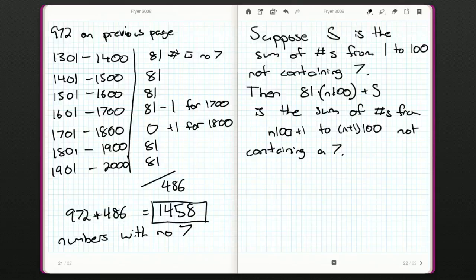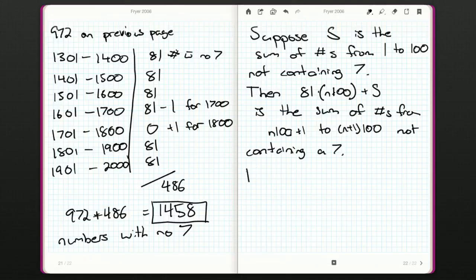I was going to change it to 0 to 99 so that all the 1700s would be grouped together and all the 700s would be grouped together, which would be much easier to deal with, but I'm worried about the 81. The 81 definitely comes from there being 81 numbers in the range 1401 to 1500 not containing a 7, and they're all the same as the ones in the previous range, we just added 100 to them. Okay, so we're going to have to leave that 81 there, and that means our range is definitely going to be from 1801 to 1900, or 1401 to 1500, or 601 to 700, that sort of stuff.